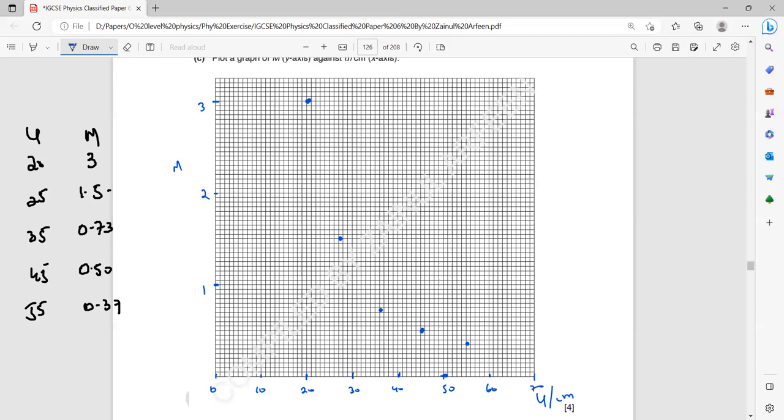So this is the graph. And what does it look like? You can see the pattern. It does not look like a straight line graph. It looks like a curve because of the pattern of the points. So we just have to join those points.